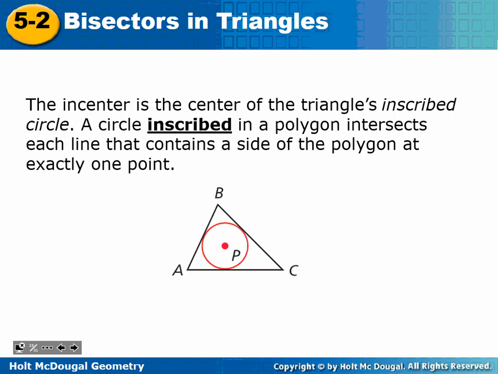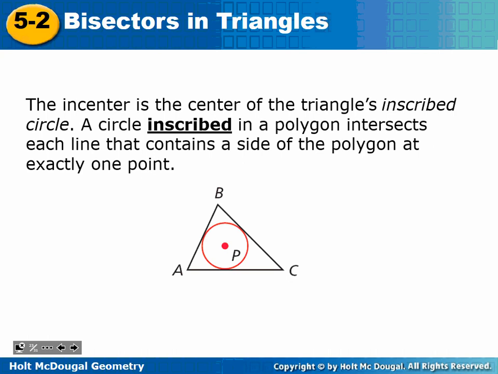Okay, and then they're going to talk about another circle again. So really quickly, circumscribed circles went around the outside of the triangle and touched every vertex. Inscribed circles are inside the triangle and they touch the sides of the triangle.